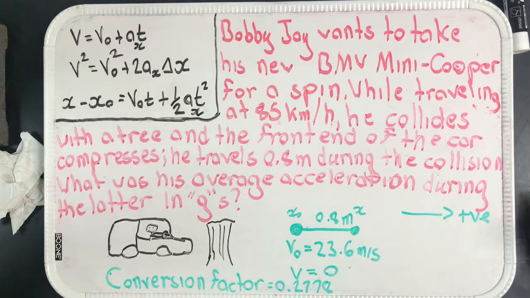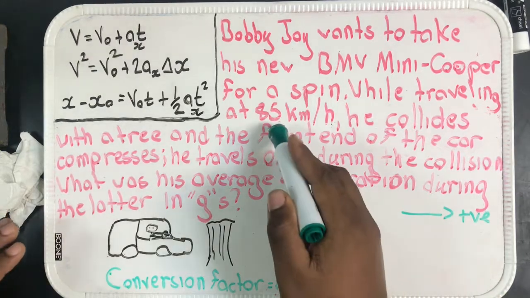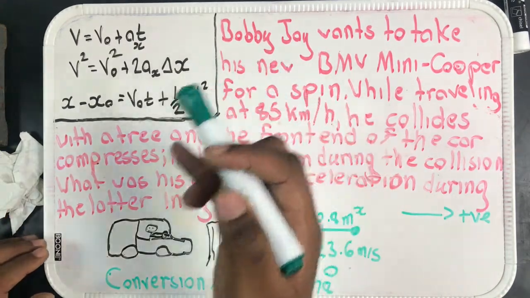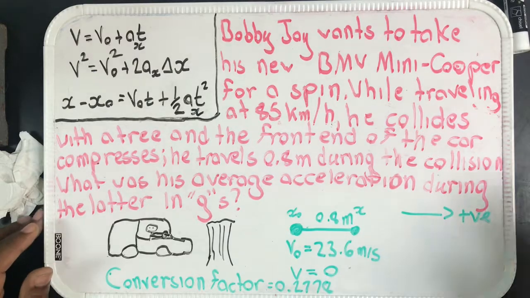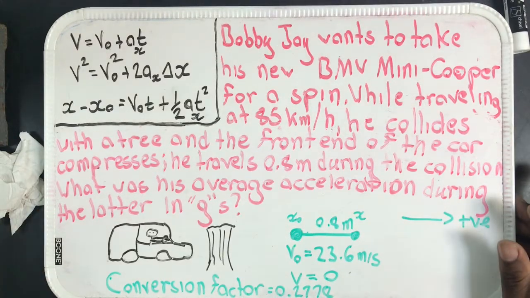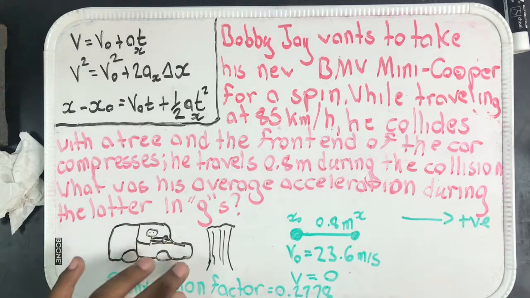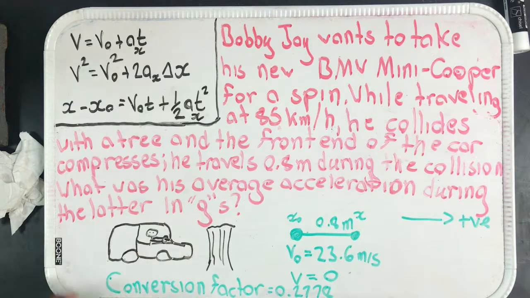Nonetheless, an important part of the question is to really make these fundamental assumptions: that I'm looking at the instant right before I hit this tree. I'm looking at this instant right here before I hit that tree. And that is my velocity, because we're also assuming that he's traveling at this constant velocity, or maybe this is the velocity that he hits right before he gets to the tree. But this is what we're concerned about, his initial velocity right before he hits the tree. And we also have to assume that after he travels this distance, he comes to a stop.